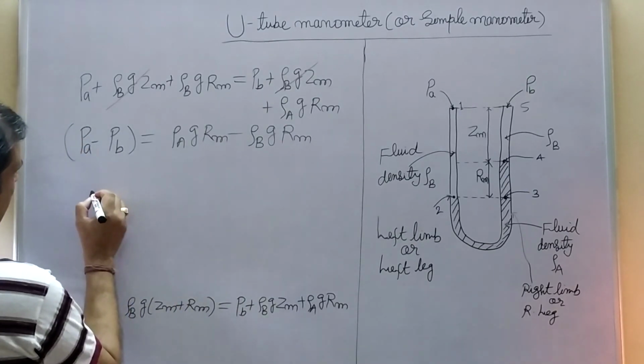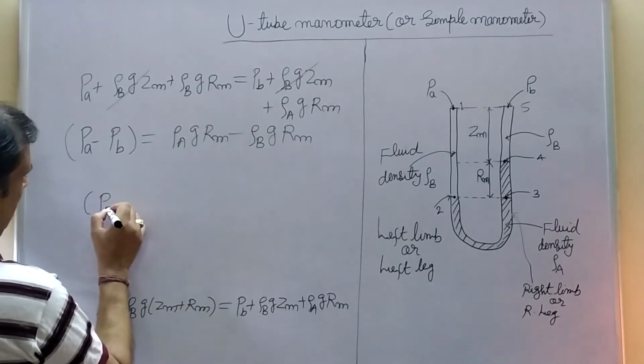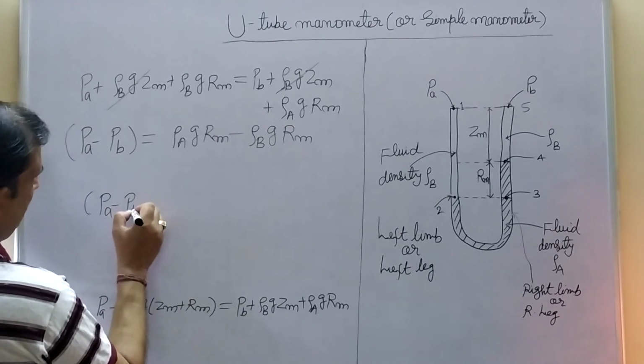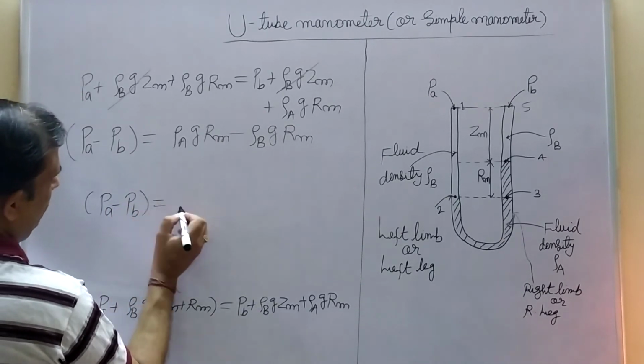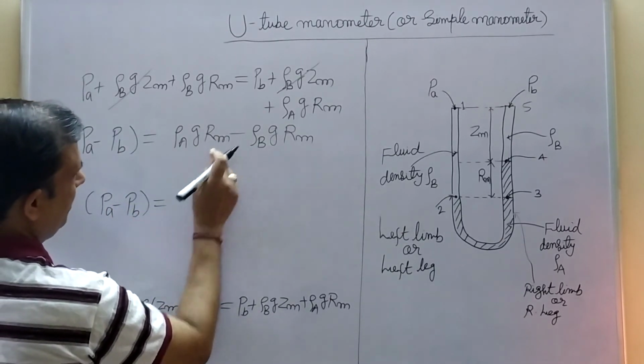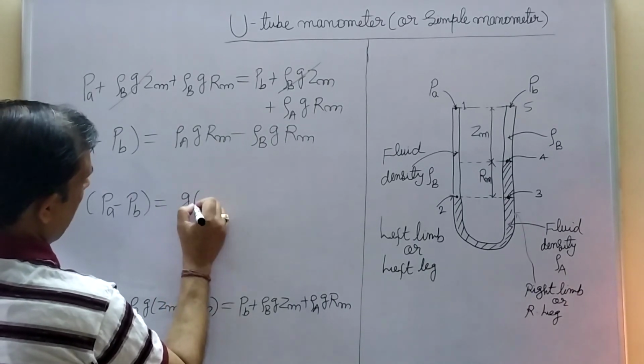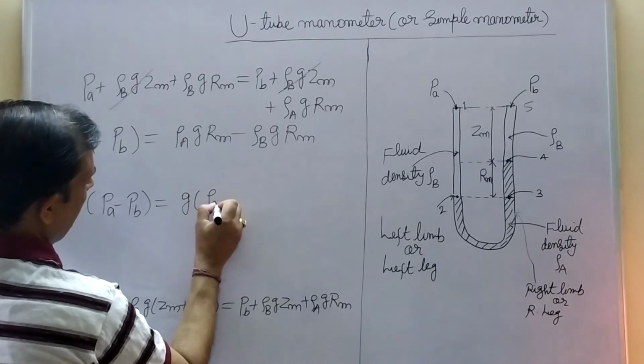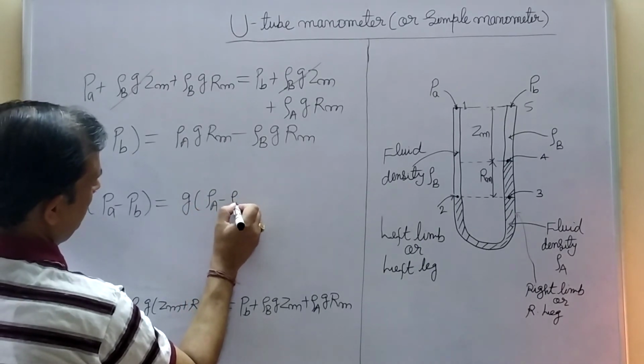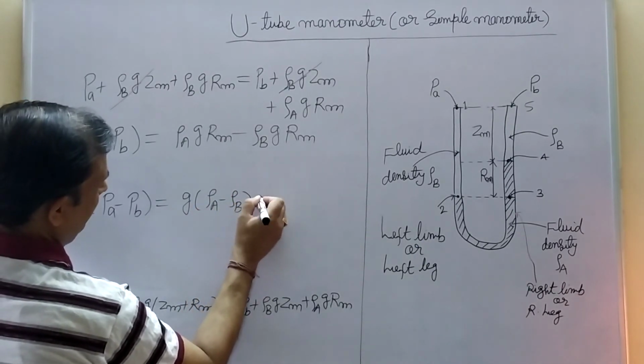So PA minus PB equals, what is common? g Rm. So g (rho A minus rho B) Rm.